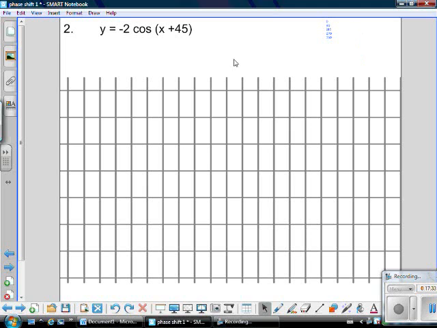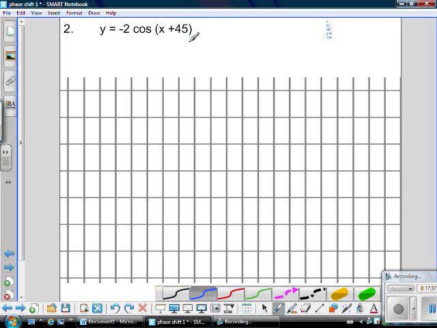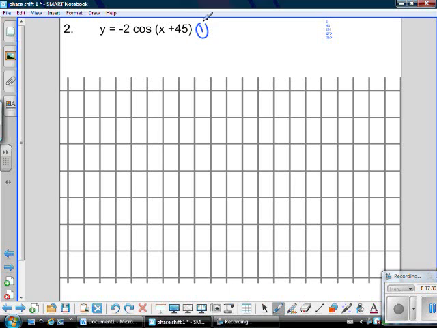Now in this case, again, I'm going to look to see, I have nothing here. My amplitude is 2. And I'm moving everything, in this case, to the left. So this time I don't want to start my y-axis too far over on the page. I want to start over this way a little bit.